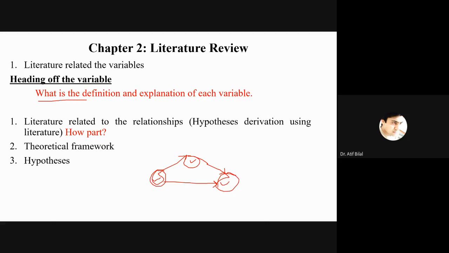For example, if I am going to write about organizational commitment and let's say organizational performance and let's say turnover intention, any of my variables, I need to tell the reader, and before that, I need to understand what these variables are, what kind of research has already been conducted about these variables, and what we understand about these variables till date.